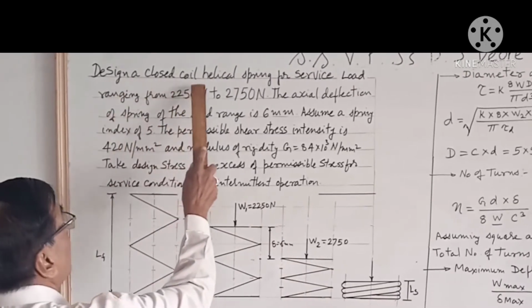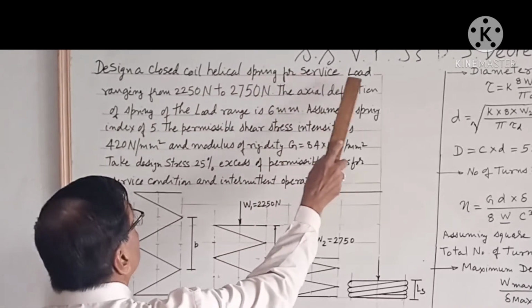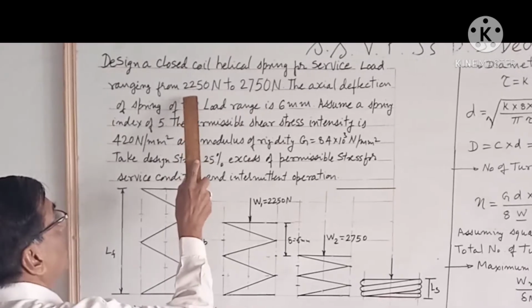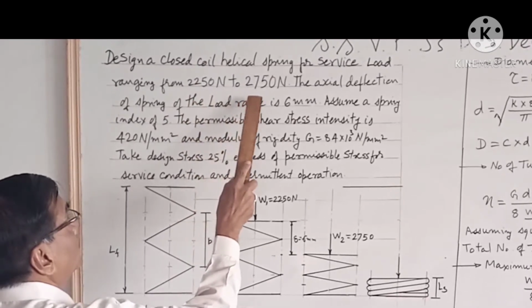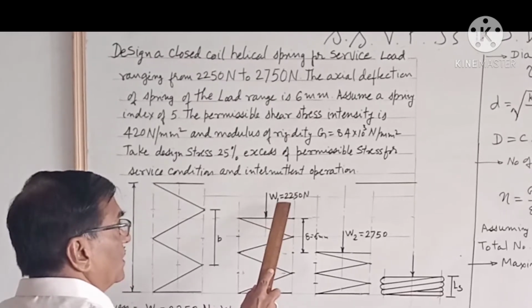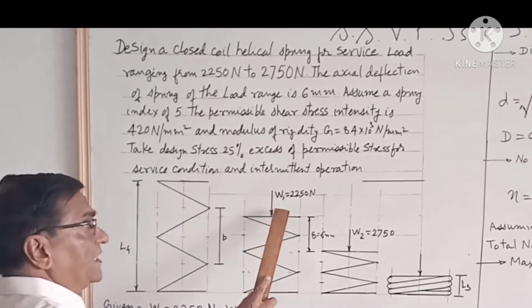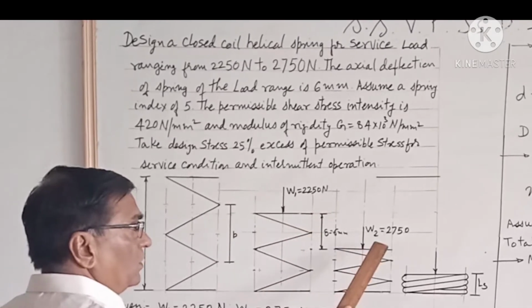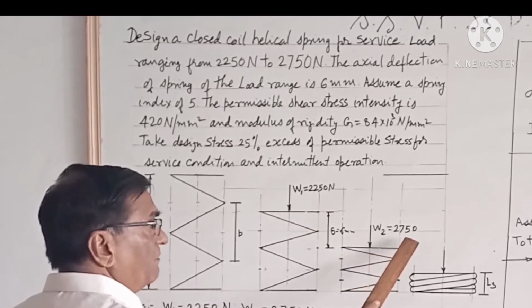Design a closed coil helical spring for service load ranging from 2250 Newton to 2750 Newtons, means two values of W. The value of load changes from 2250 Newton to 2750 Newton.